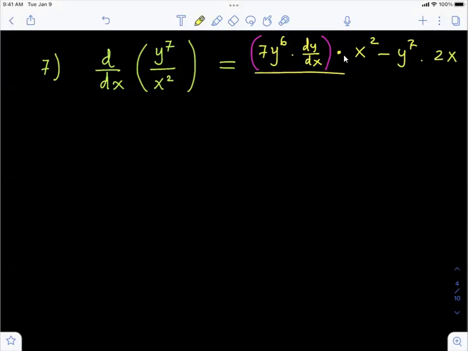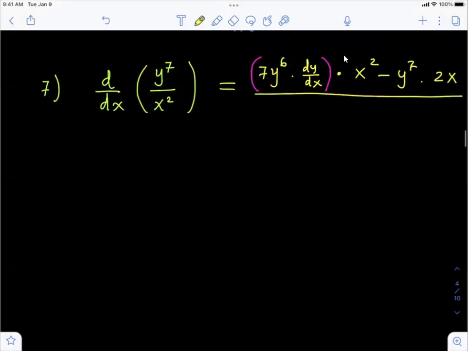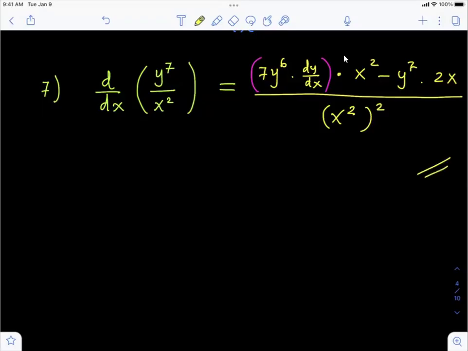The whole thing is sitting on top of the square of exactly the denominator. So one can simplify this one. It is none other than x to the 4th, but technically this is the answer.